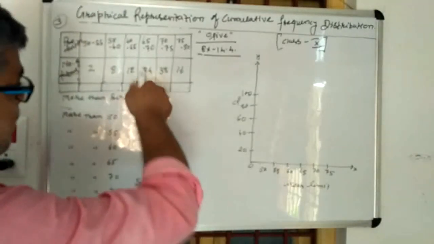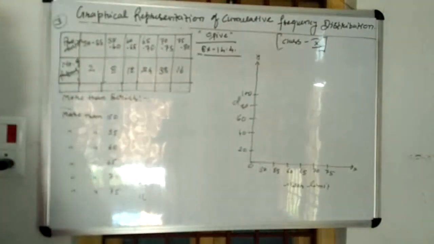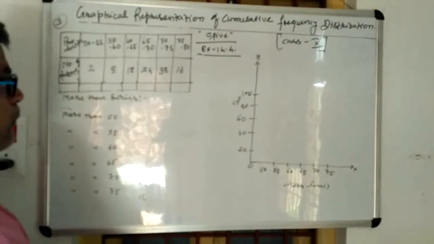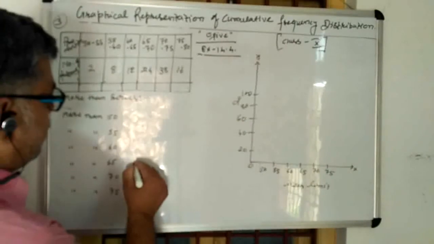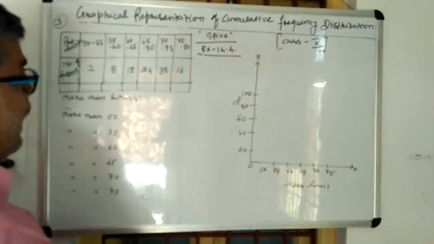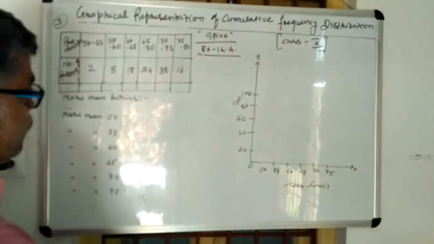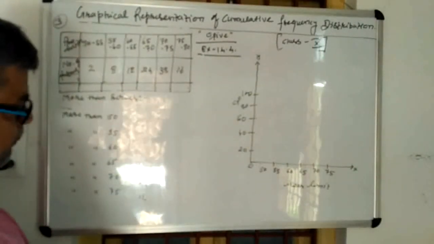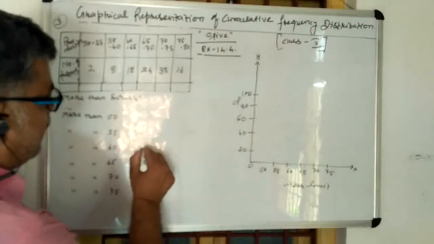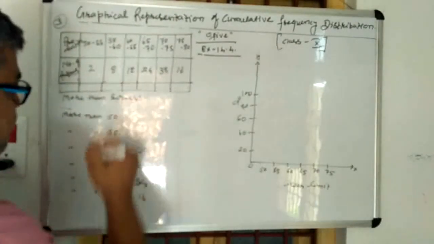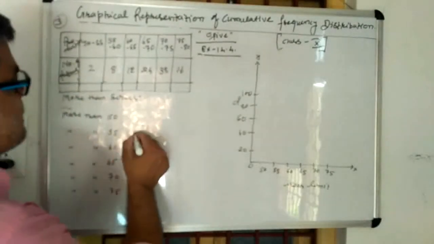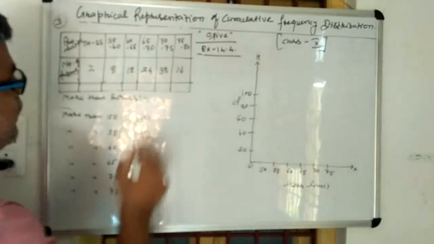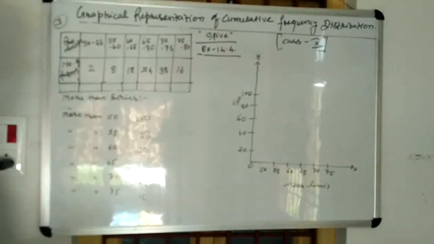Similarly, 54 plus 24 will be 78. Again, 78 plus 12, 78 plus 10 is 88, plus 2 is 90. So it will be 90. And 90 plus 8 is 98. And 98 plus 2 is 100. So this is the correct table.